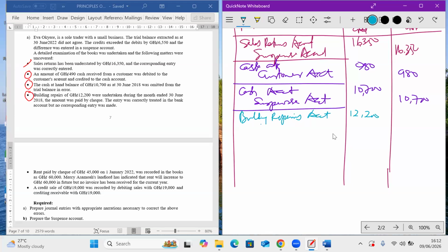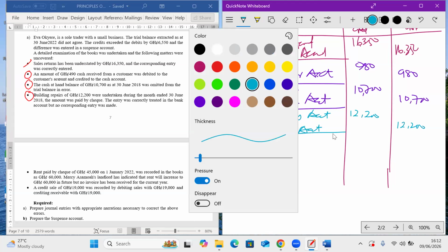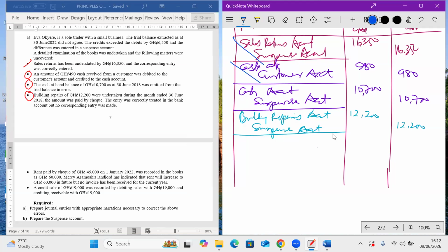Then you write what? The suspense next, 12,200. Are we good? Yes. Let it always slant. Always indent it. Let it be like that.